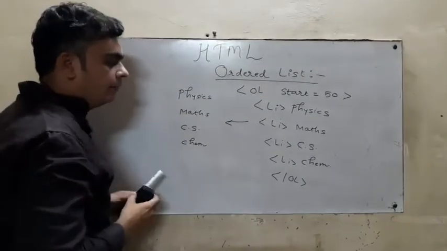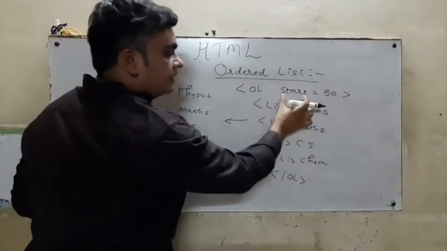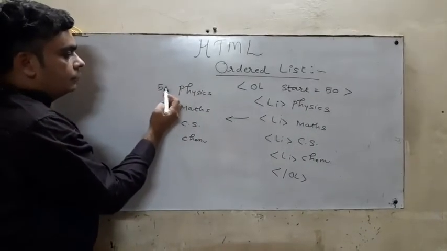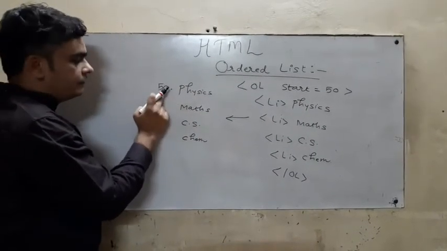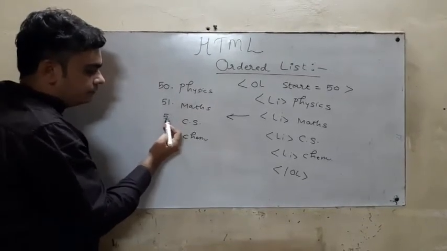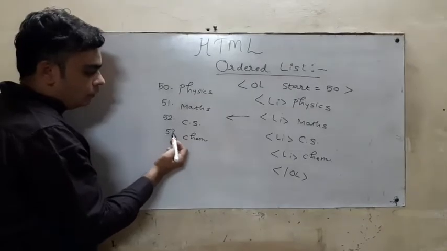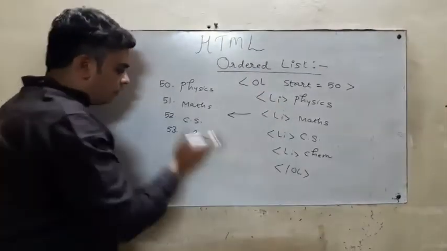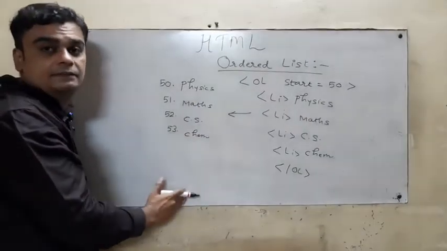These are my 4 elements, and whenever I use start 50, it will display the elements from 50, means the first element is 50, thereafter the second one is 51, 52, 53 and so on. In this way, if there are more elements, it will extend the list.